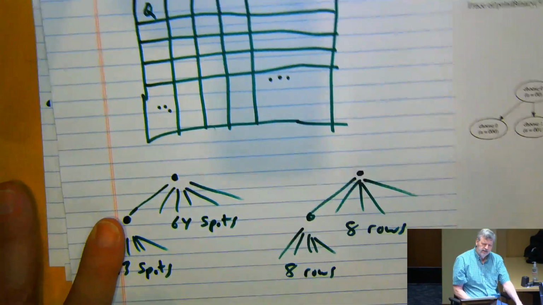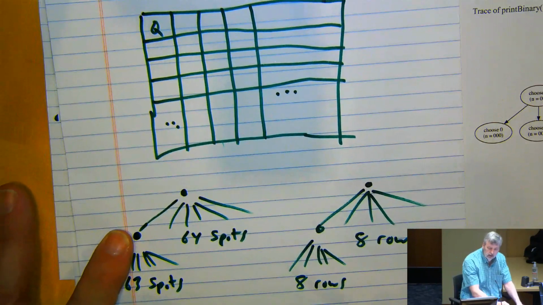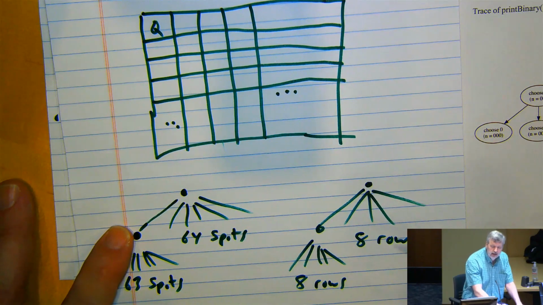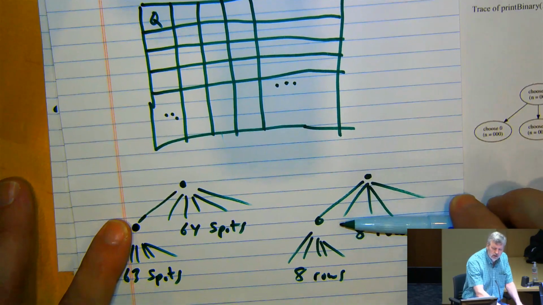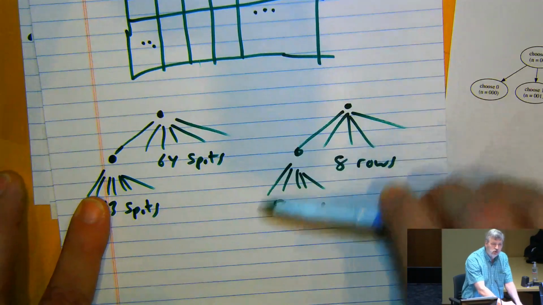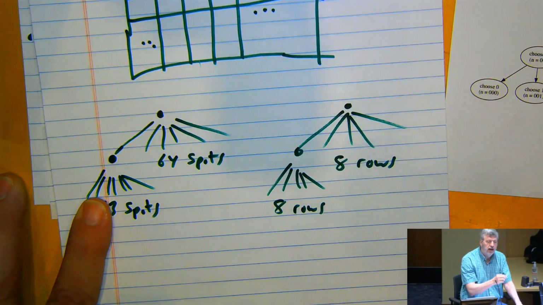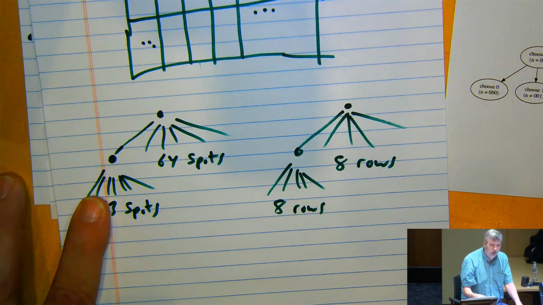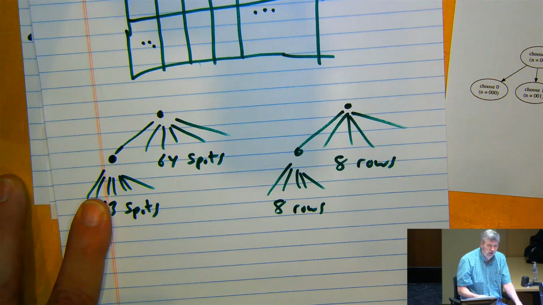Now, the way this is going to translate into recursive code is that each of these choices, the choice for column 1, the choice for column 2, the choice for column 3, each choice is going to be made by a different recursive invocation. So I'm again anthropomorphizing, thinking of it as robots that have been programmed with an identical bit of code, or people who are involved in this problem.